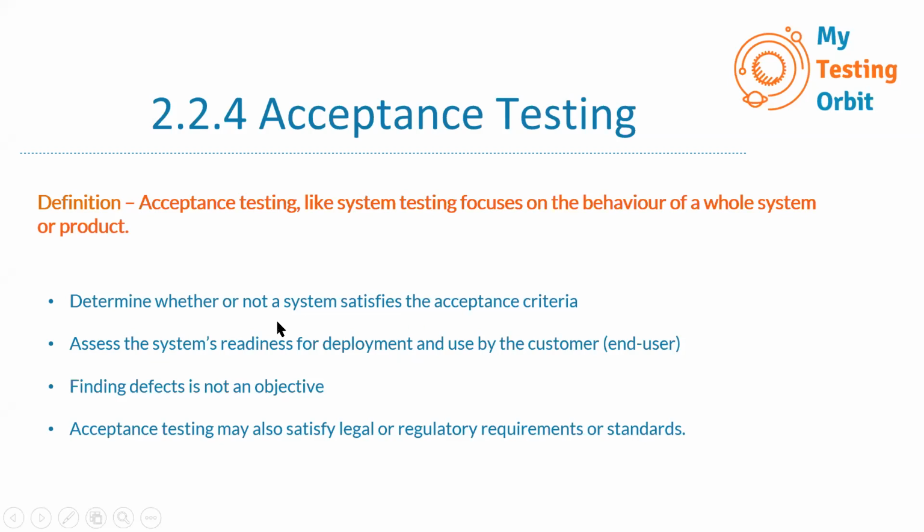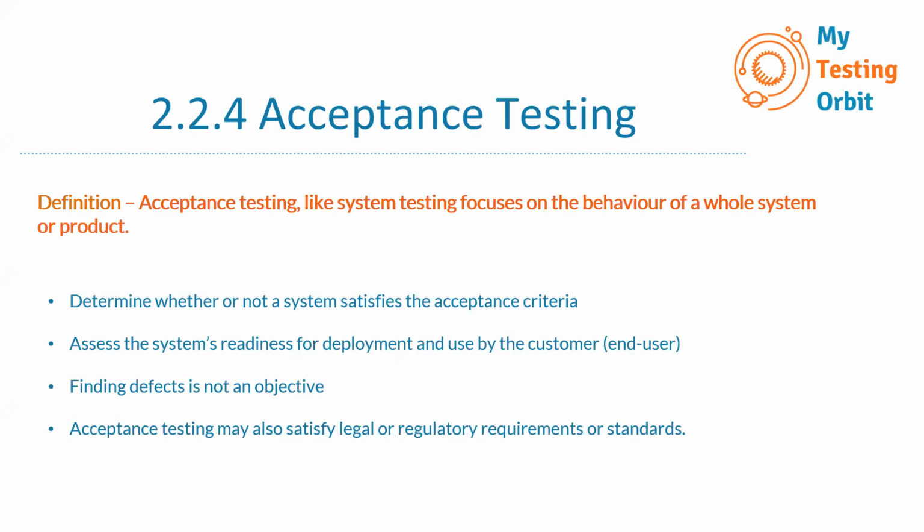This is testing where we check the readiness for deployment, that the system is working as per the acceptance criteria identified earlier, and now it's ready to move to production so that it can be used by the customers.